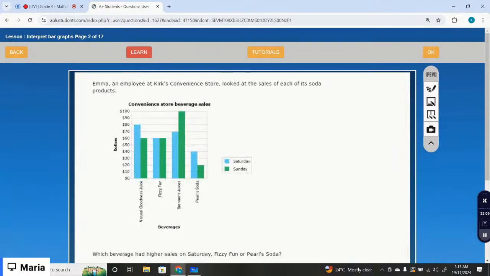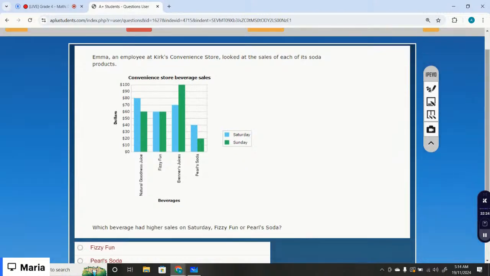Emma, an employee at Kirk's convenience store, looked at the sales of each of its soda products. Which beverage had higher sales on Saturday, Fizzy Fun or Pearl Soda? So, which is the correct option?